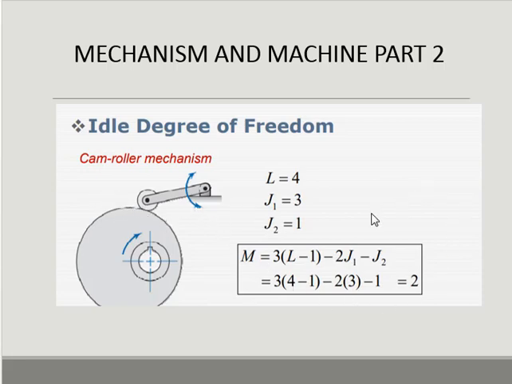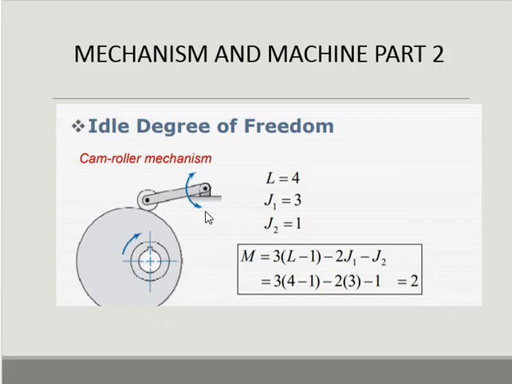And then you can calculate with this equation: M equals 3 multiply L minus 1, minus 2 J1, minus J2, and the result is 2 degrees of freedom for this mechanism.